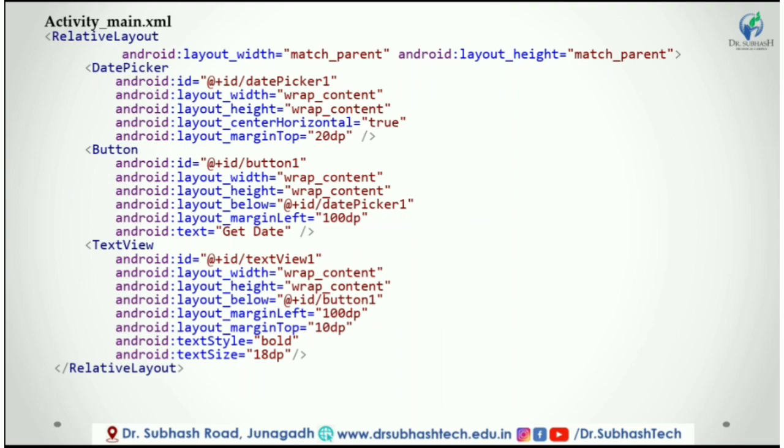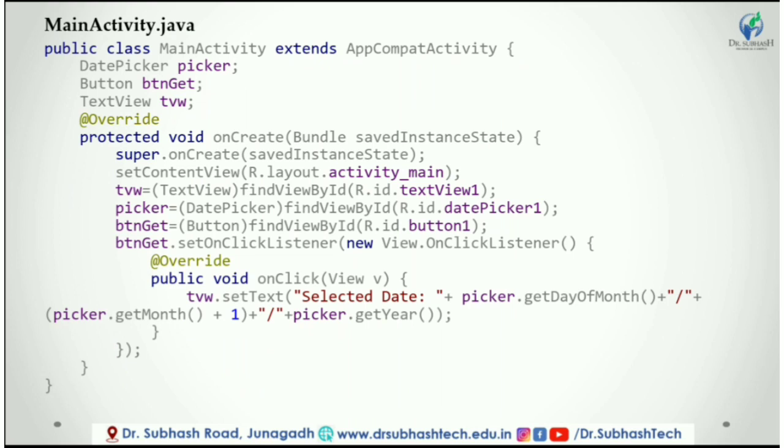And now we create a sample example of date picker. The relative layout contains a date picker, a button and a text view. In the date picker, we will select a date, and after the button click, the text will display the selected date. In the main activity, first of all, we have to bind the XML components to Java objects: text view, button and date picker.